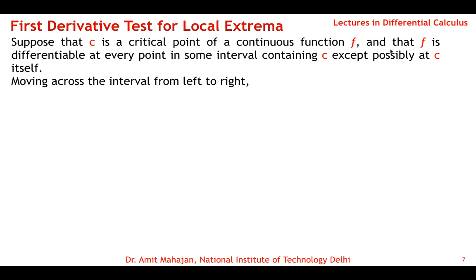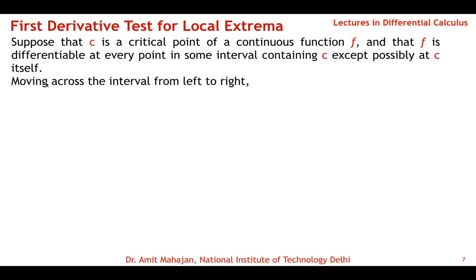And that f is differentiable at every point in some interval containing C, except possibly at C itself. So if you have a critical point and the function has a derivative in some interval containing this C, say a to b is an interval such that C lies inside, and the function is differentiable at every point except possibly at C, where it may not have a derivative.